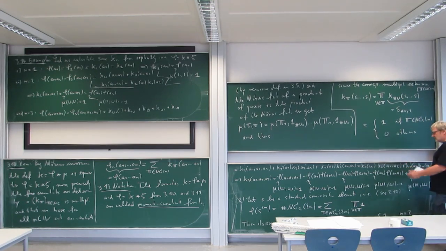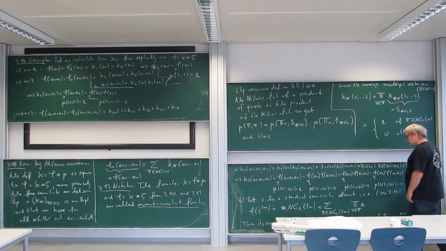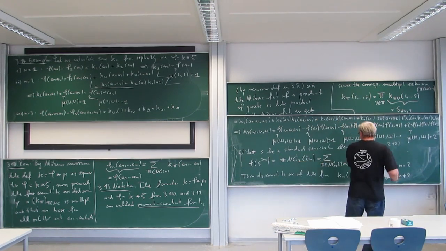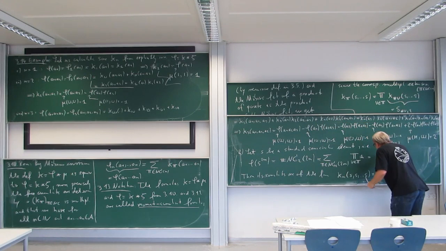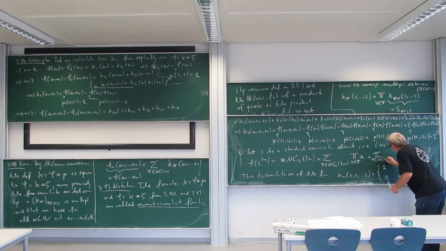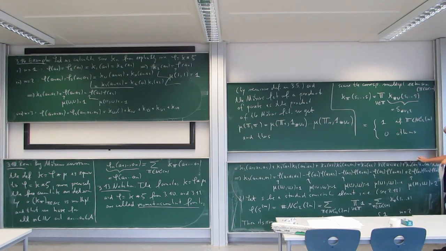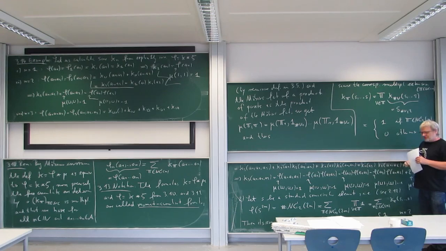Okay, and then of course, this fits with the general formula here. You can really now write this as the sum over all pi in NC of n of kappa pi of the S's. So this kappa is really a solution of this equation, because by Möbius inversion we know the solution is unique, so those must be the cumulants of the semicircle.